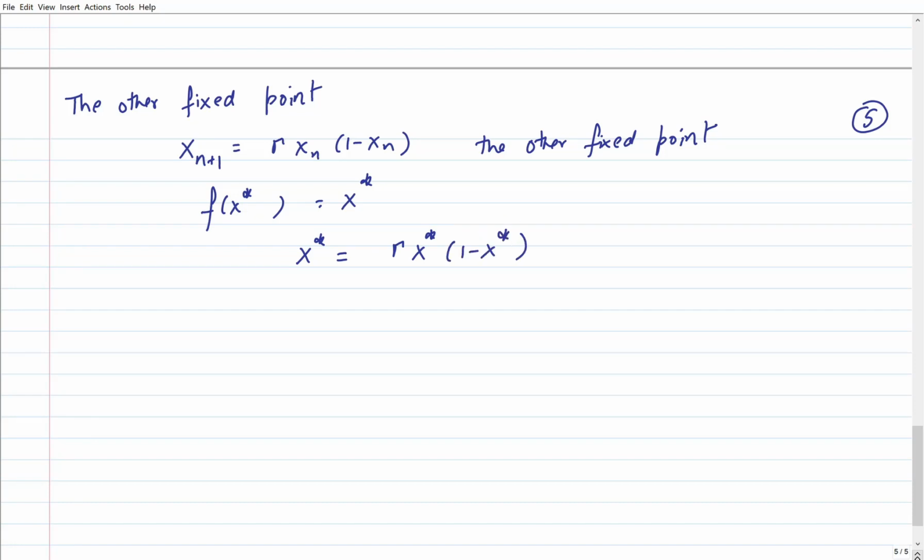Now, of course, I'm going to neglect the x star equals 0 fixed point, so that just gives me the other fixed point as this guy.